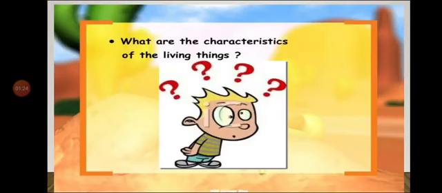So now there is one question: why do we call them living, and how do they differ from non-living organisms? What is the difference between the living and non-living organism? There are some characteristics that living things possess.